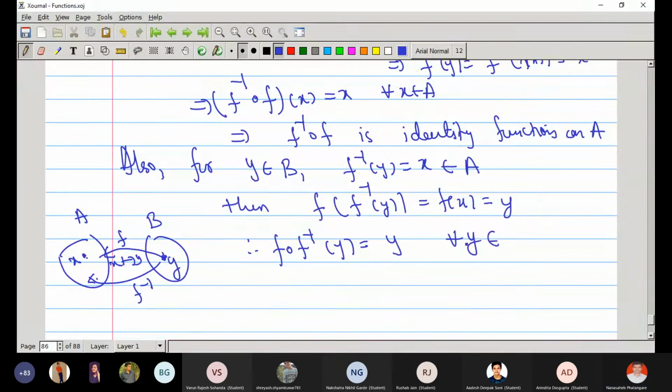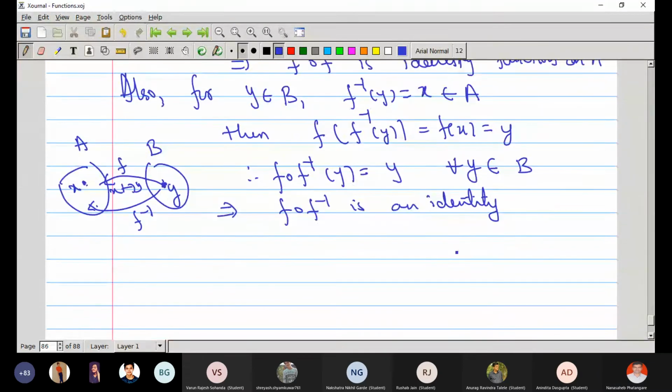And what is the conclusion? Identity on B. Right. So this is a very interesting thing we observed. So what is the moral of the story?